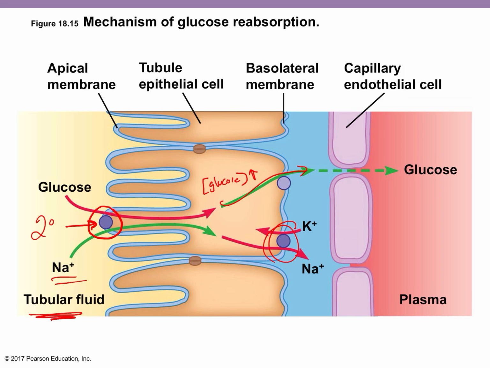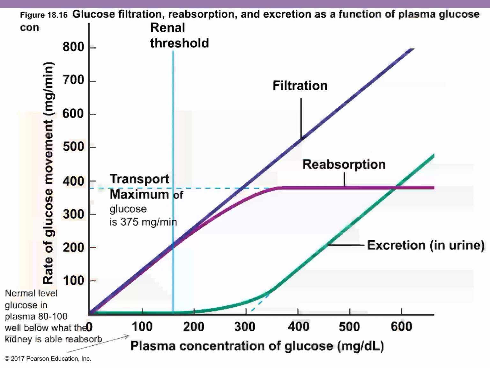The transport maximum is basically when the rate of transport is, I hate to say it, maxed out, meaning that all the carrier molecules are saturated and they're moving as much glucose as possible from the filtrate into the cells. So there is a maximum.